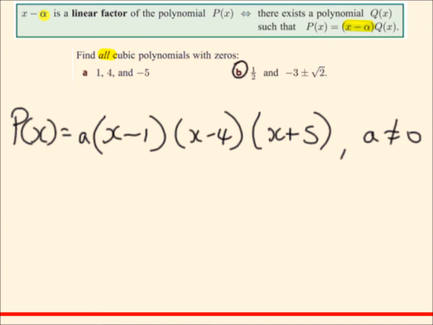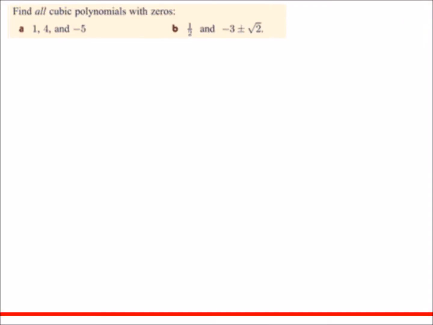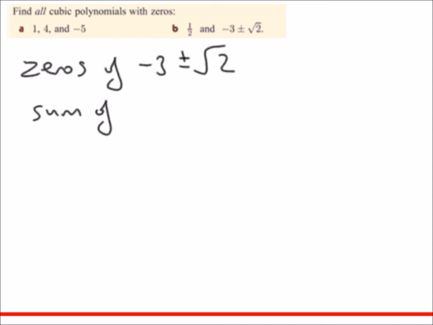Now the second example, we have a half as a 0, so x take a half as a factor, and these other factors are conjugate pairs, and they come from a quadratic factor. So rather than doing x take each, we'll use the idea of the sum and product of the zeros. If we were to add them together, that would be the sum of our roots or zeros.